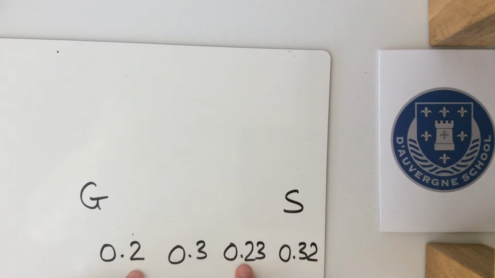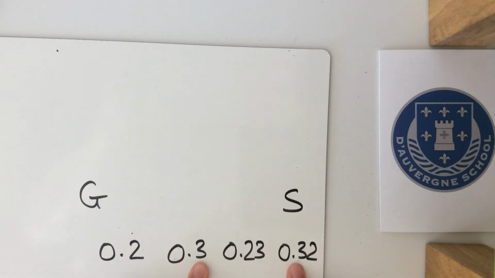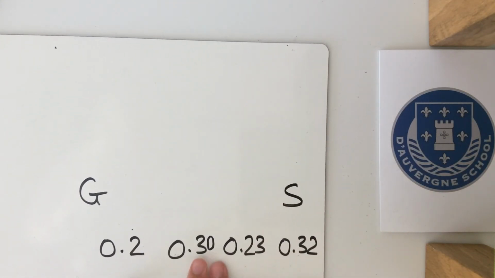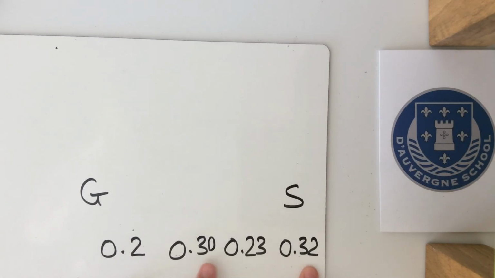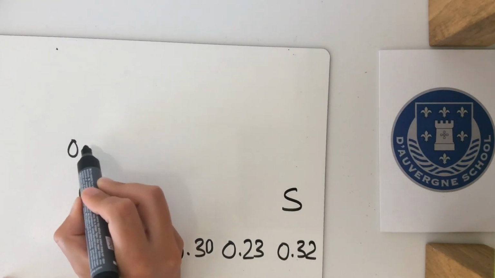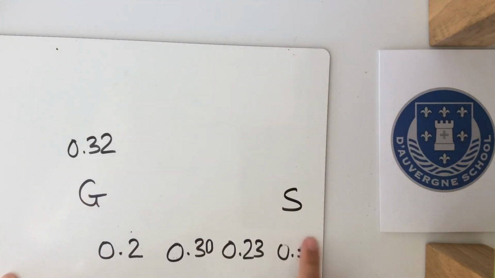So we know it's not going to be the ones with the 2 in the tenths column, so it means it's out of these 2. 0.3 or 0.32. This one hasn't got anything in the hundredths column, which means actually there's a secret 0, okay, that we don't have to put in. So which one's the biggest now? Which one's got the most in the hundredths column? It's 0.32, which is the greatest.